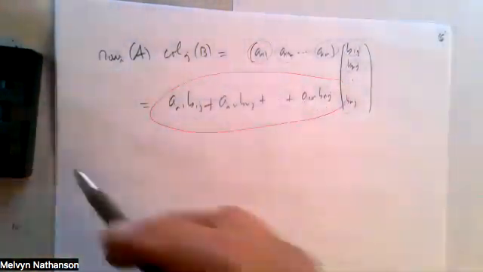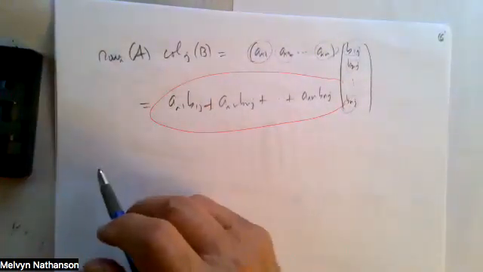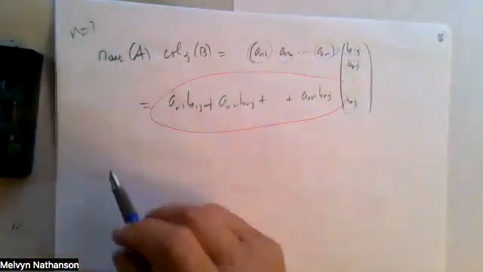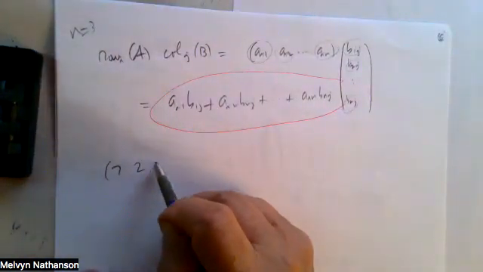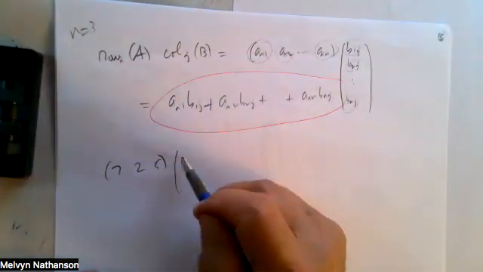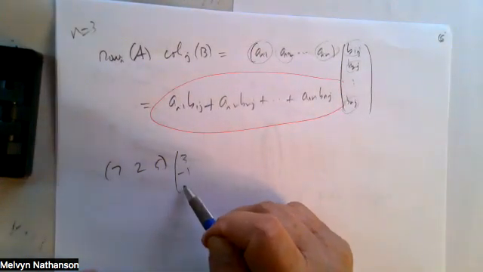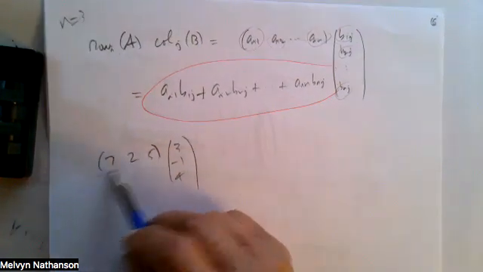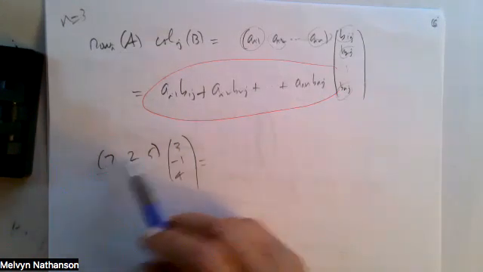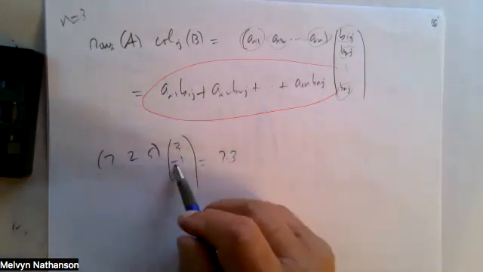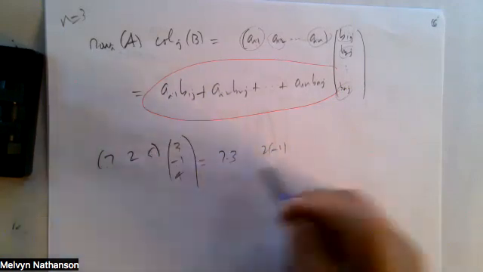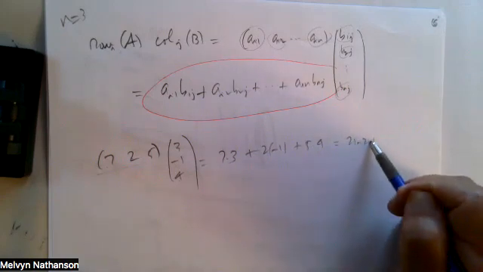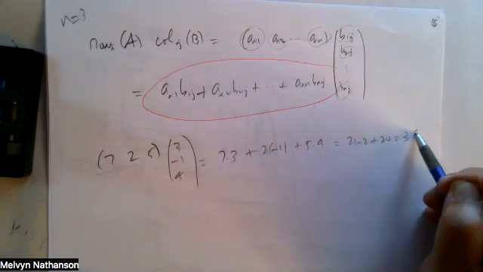Let's just look at this in some examples. Suppose I had n equal to 3. Let's say the row were 7, 2, 5 and the column were 3, minus 1, 4. What does it mean to multiply this row by this column? I take 7 times 3, 2 times minus 1, 5 times 4, and I add. This is 21 minus 2 plus 20, that's 39.